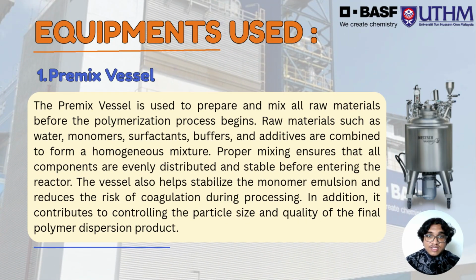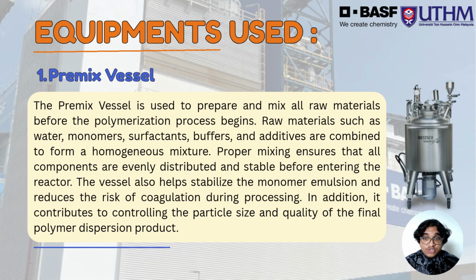Okay, so here we jump to the equipment used in the BASF polymer dispersion plant. From our P&ID drawings, the first equipment is the premix vessel. The premix vessel is used to prepare and mix all raw materials before the polymerization process begins. Raw materials such as water, monomers, surfactants, buffers, and additives are combined to form a homogeneous mixture.